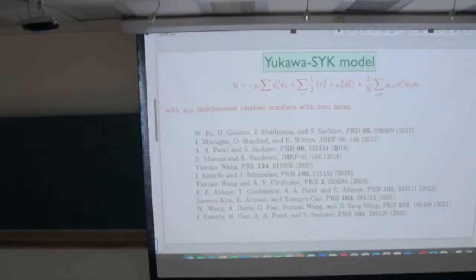So there is the SYK model, but actually the correct model to understand the strange metal is the so-called Yukawa SYK model, which appeared in various guises by various people, although this particular form is in this paper by Esterlis and Schmalian. So what is it? It's really very simple. You have a bunch of orbitals labeled by I, in which you put these fermions, psi.